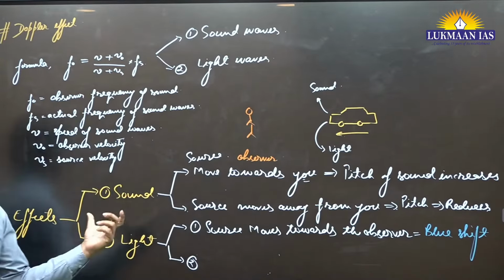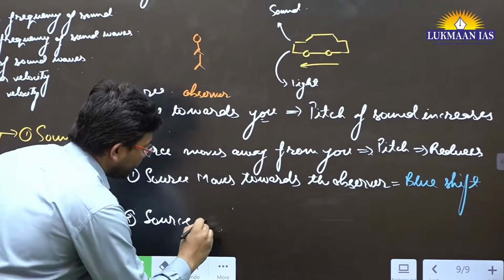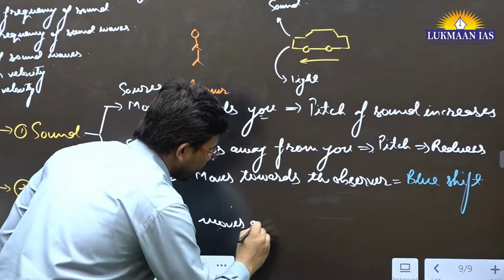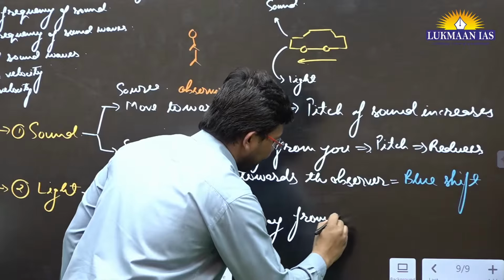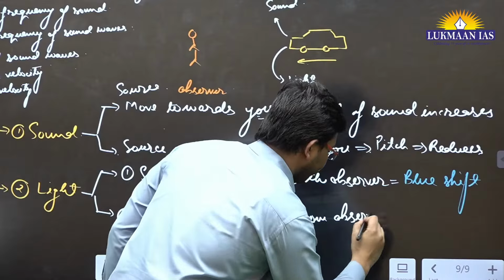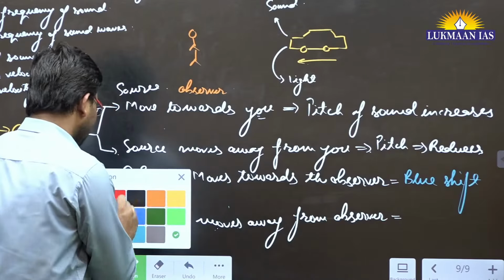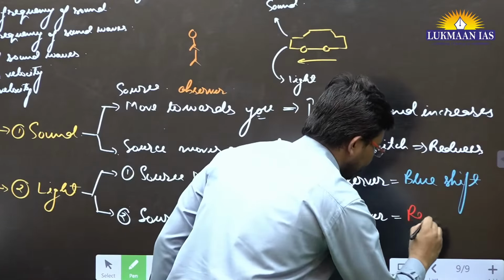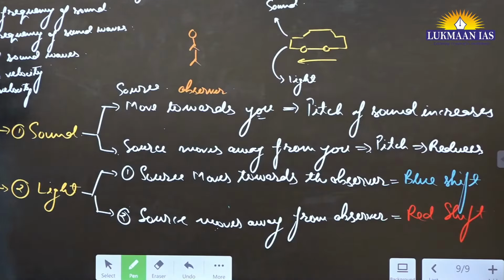When the source moves away from the observer, we see a kind of shift known as red shift. Blue shift and red shift.